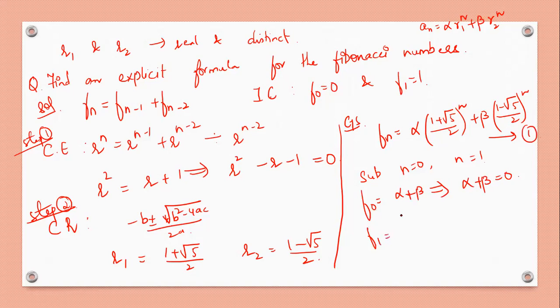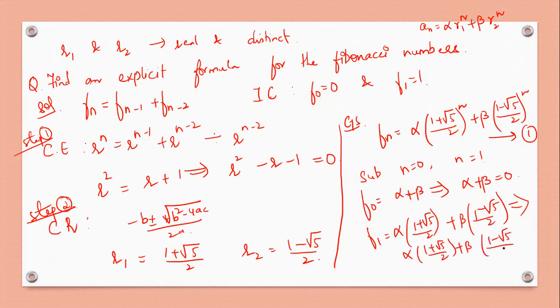Then for n = 1, we get alpha (1 + √5)/2 + beta (1 - √5)/2, and since F1 = 1, this entire expression is equal to 1.